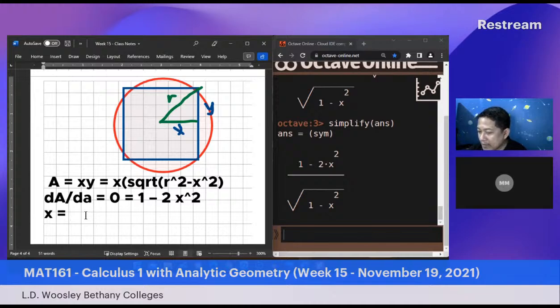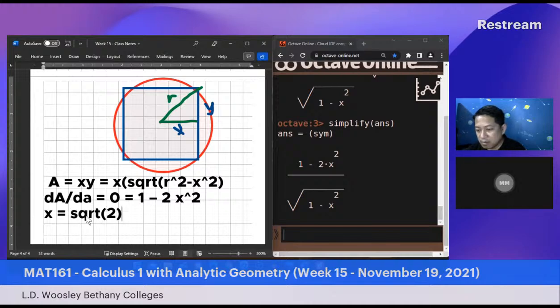Simplify. Simplify. Rationalize. Rationalize pala. Rationalize. Square root of 2.